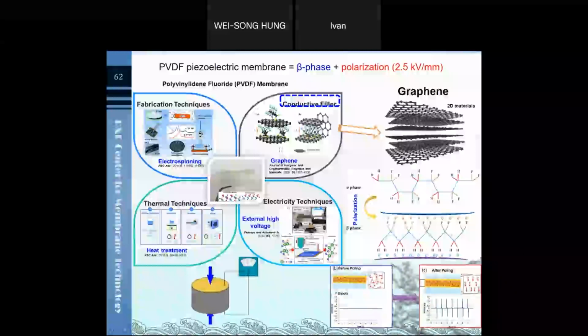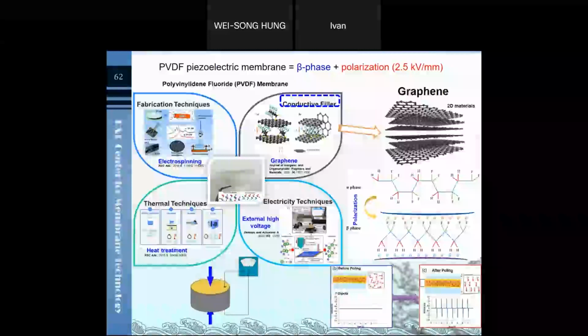This kind of structure we call the beta phase, and this structure has good piezoelectric properties. The commercial methods to change the PVDF structure from alpha to beta are electrospinning, thermal heating treatment, or high voltage to induce the alpha phase to the beta phase.